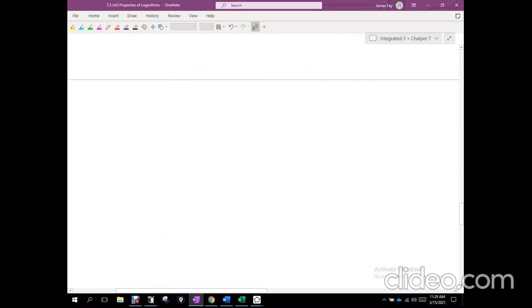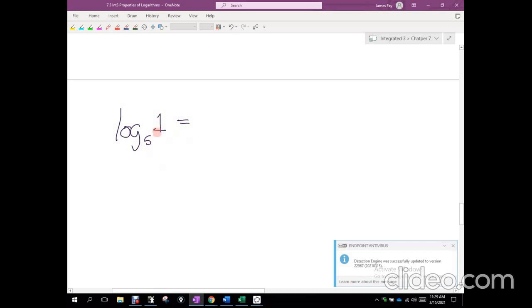Here's another property that's useful. Log base 5 of 1 is equal to what can I raise 5 to so that it turns into 1 using exponents? 5.